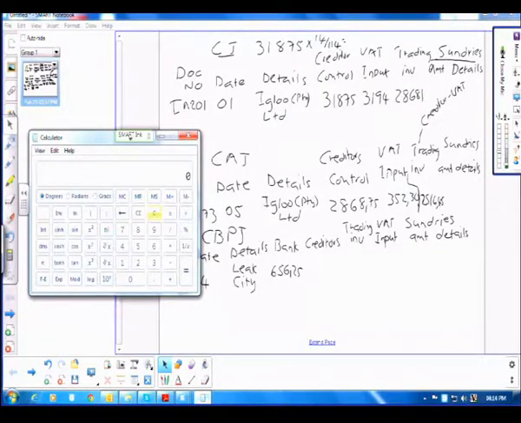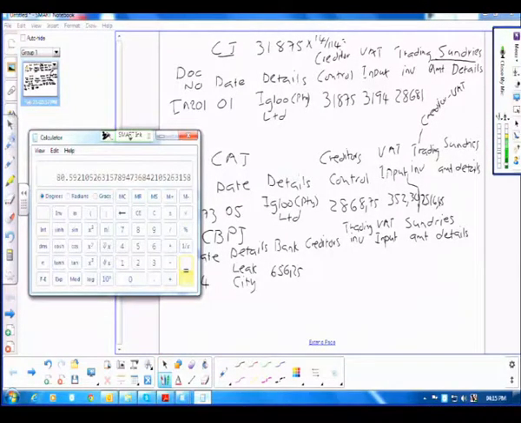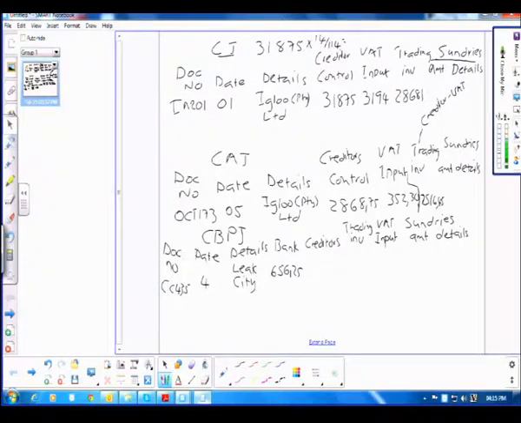What do you say? 656.25 times 14 over 114 equals to 80.59 cents. So you're going to go to the VAT column and say 80.59 cents.